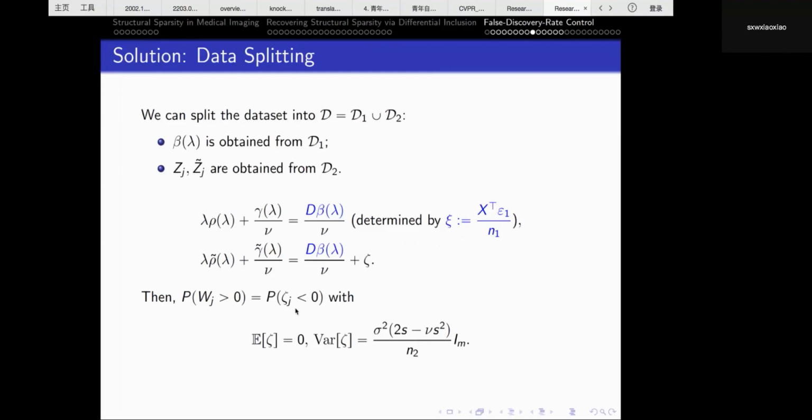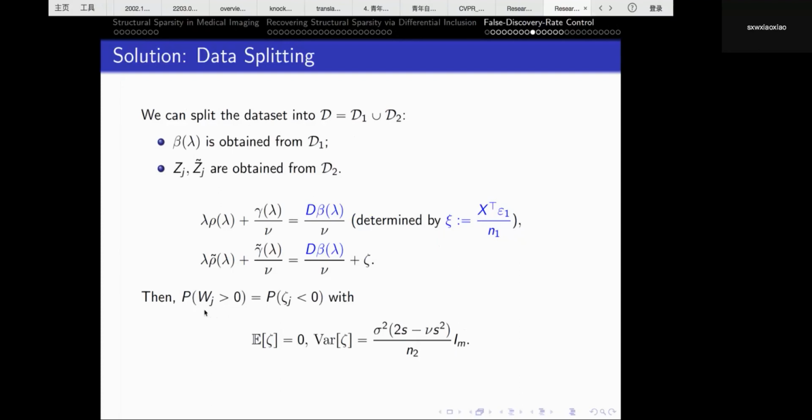And in this regard, we can equate the event of the positive of the Wj to the event of the negative of the zeta j. And so we can have the unbiased property of the zeta and the independence among the events of the positive of the null statistics of the Wj.